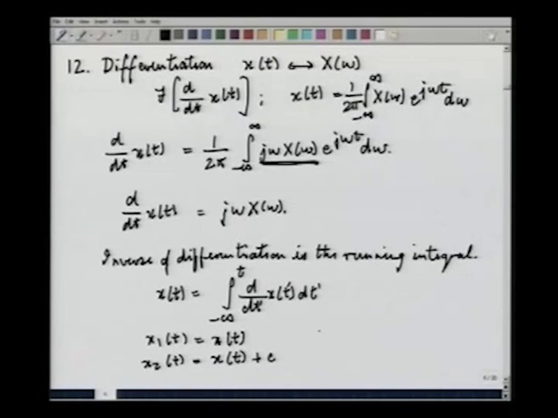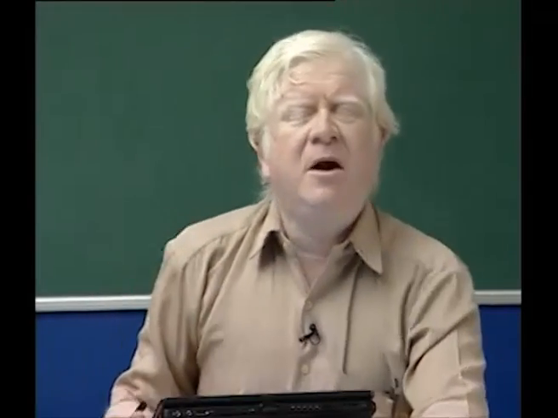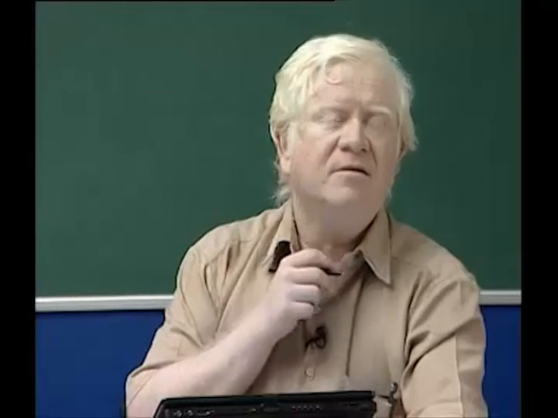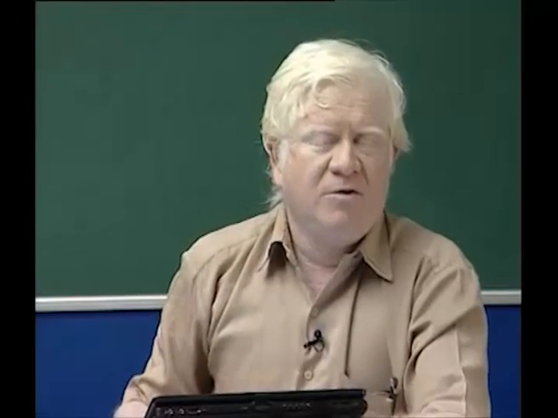Now, it is clear that d by dt of x1 of t equals d by dt of x2 of t, though actually x1 of t and x2 of t are not equal to each other. So, this is a fact that we must keep in mind when we try to integrate a function, find the running integral of a function and find its Fourier transform.